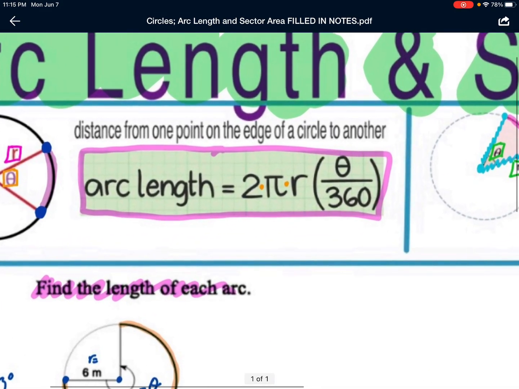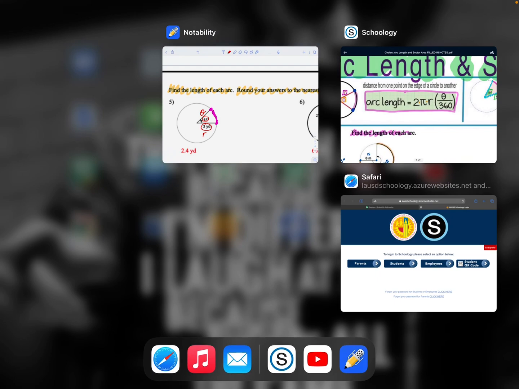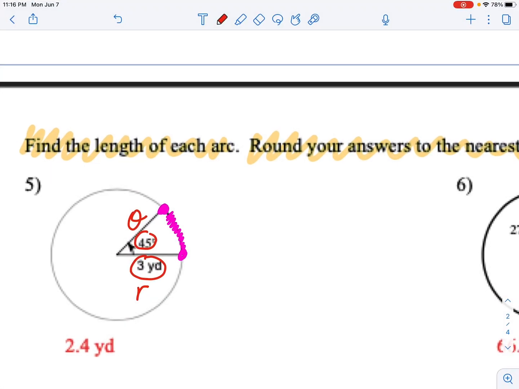So to find my arc, it says 2 pi r times theta over 360.